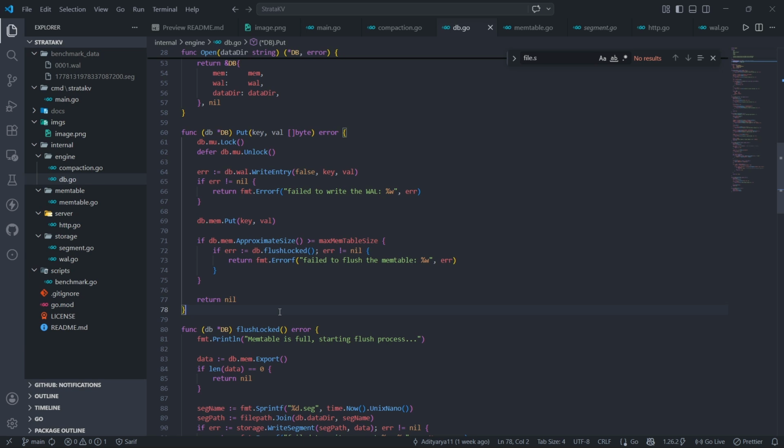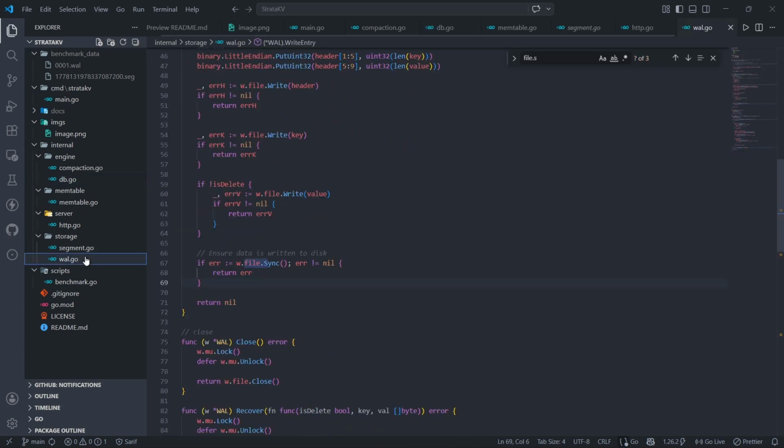So every write first goes through the WAL, the write-ahead log, before the memtable, the memory table update. I chose this ordering because if the process crashes after a memory mutation but before persistence, data would be lost. So keep in mind that the WAL entry happens first, and then the write into memory happens in the next part.